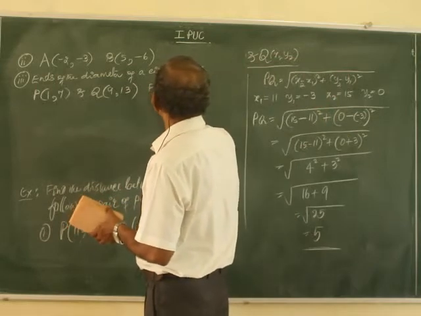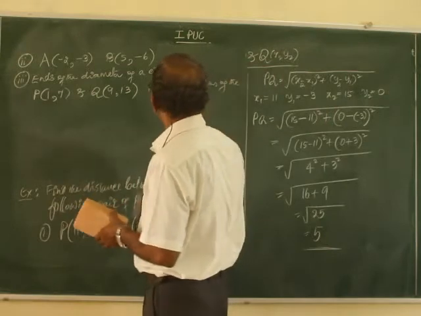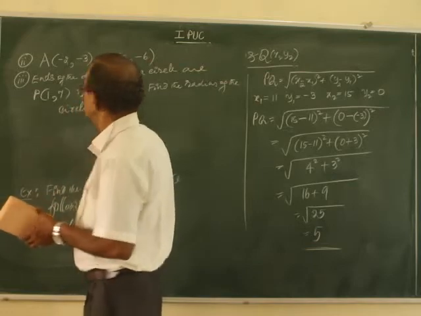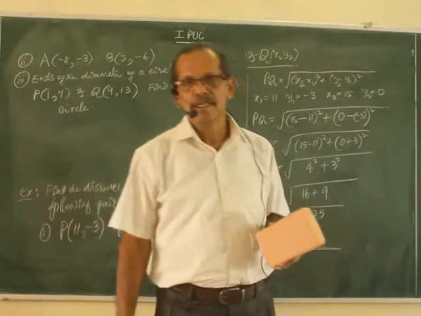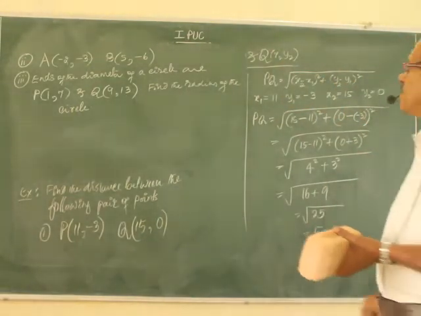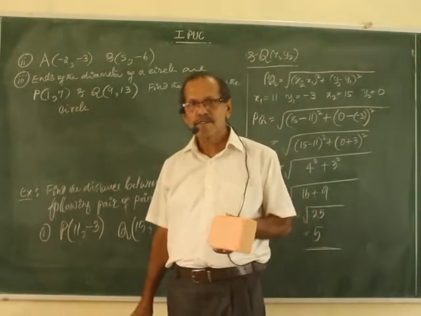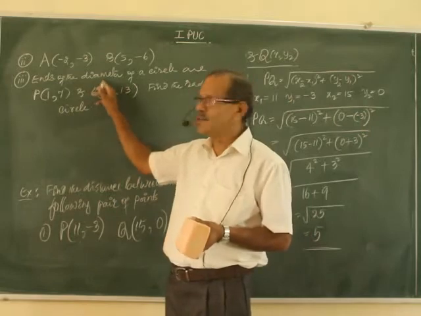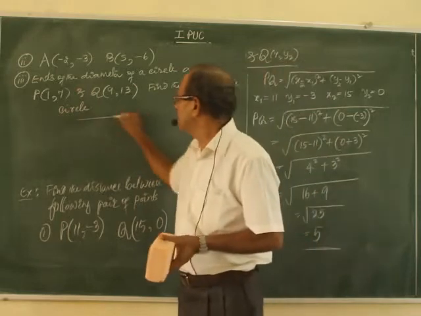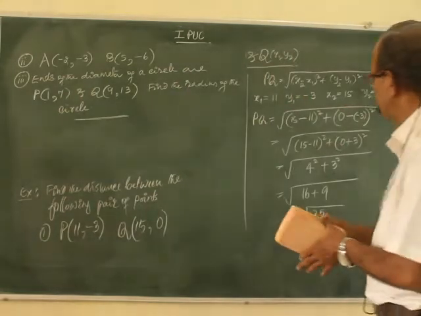Find the radius of the circle. Same question. Indirectly, you have to find the distance only. There is nothing else. Ends of the diameter of a circle are P and Q. Find the radius. Question, radius. Note it correctly. You can find yourself using the distance formula. Right?